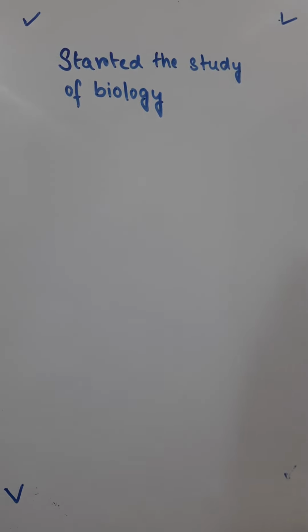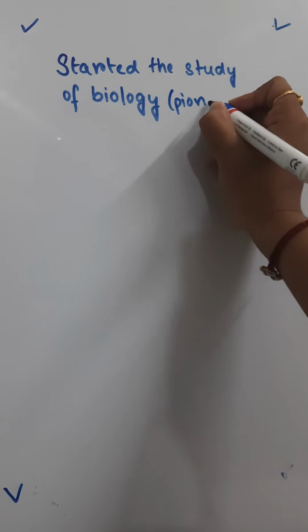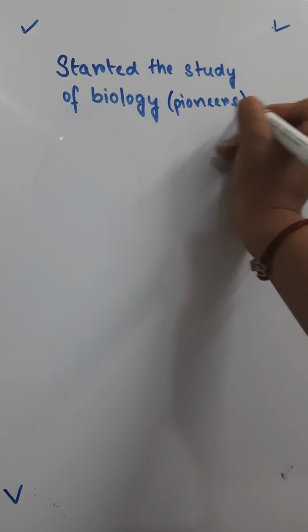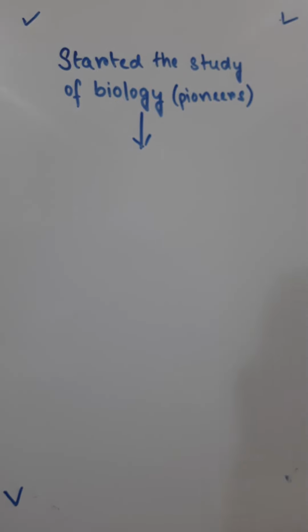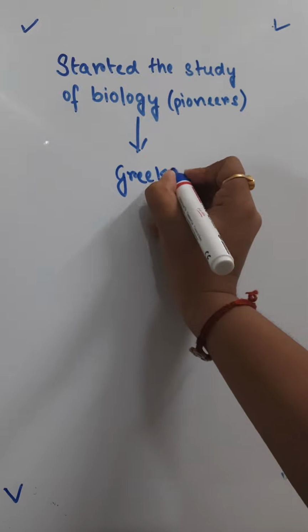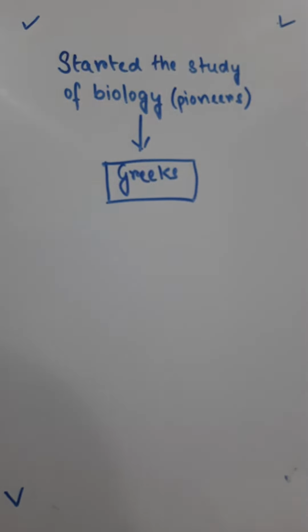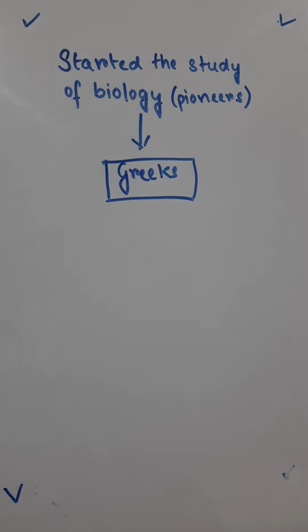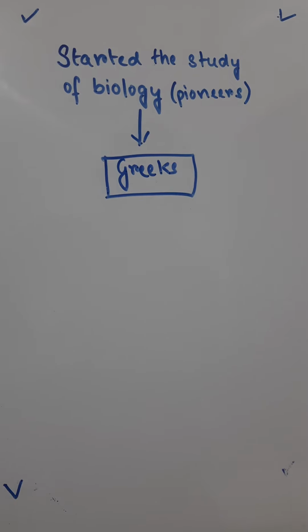Or we may say the pioneers of the study of biology. Who were they? They were basically the Greeks. The Greeks initiated or started the study of biology, and they are also called the pioneers who started the study of biology in an organized manner.